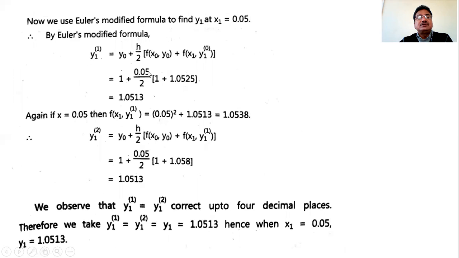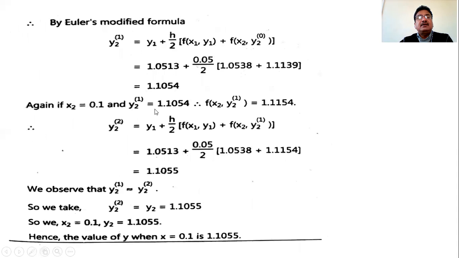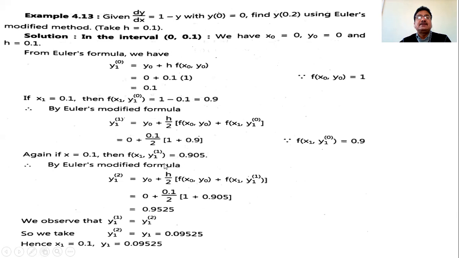Just these steps are increased in Euler's modified method. And up to this, again, y2 0 is the same. y2 is the same. Just say y2 0, and then find y2 1, y2 2. So these are the more steps in Euler's modified method. Otherwise, it is similar to Euler's method.